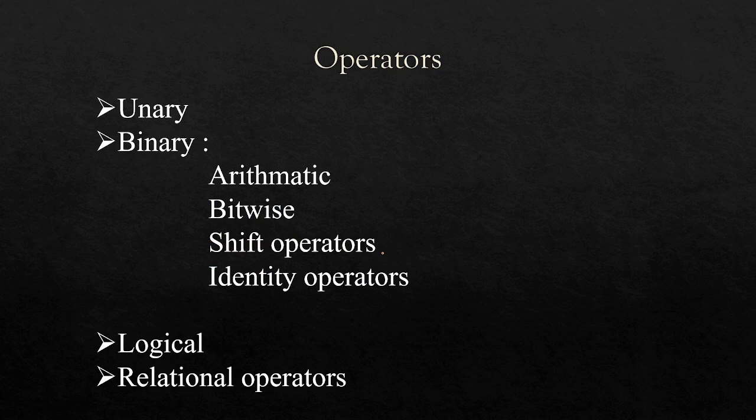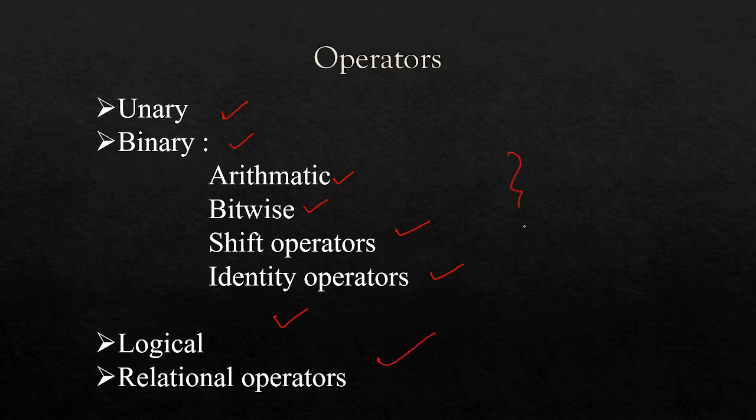Now coming to the operators. Okay, these are the basic operators in Python. But today we will not discuss the operators. I am just showing you this. These are the operators we are going to discuss: unary, binary, arithmetic, bitwise, shift operator, identity operator, logical, and relational operator.